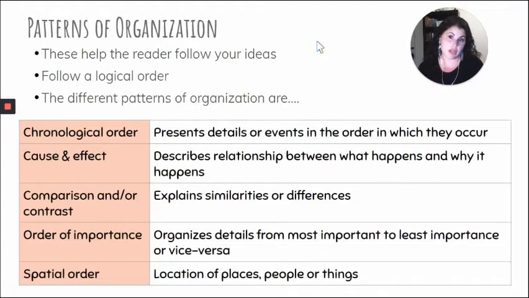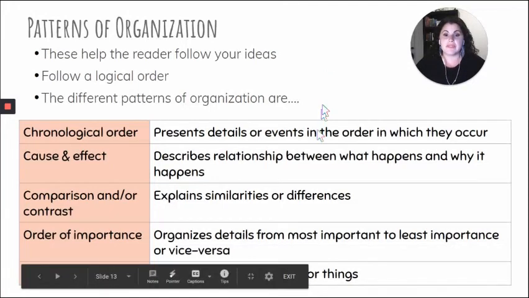They follow a logical order, and there are different patterns of organization. I'm just going to read the title of them, and you can pause the video. We have chronological order, cause and effect, comparison or contrast, order of importance, and spatial order.